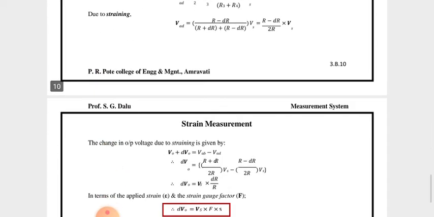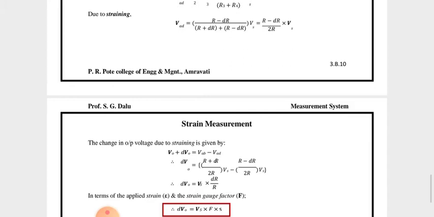So the change in output voltage due to straining is given by VO plus dVO equals VAB minus VAD, and dVO equals what? That is R plus dr upon 2R for limb AB, and R minus dr upon 2R into Vs for the voltage drop across AD.